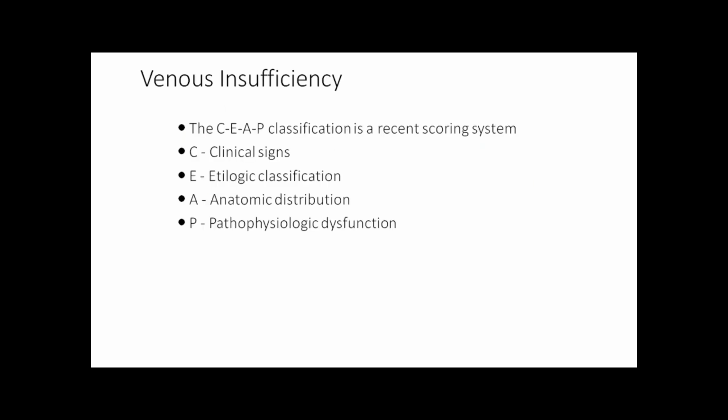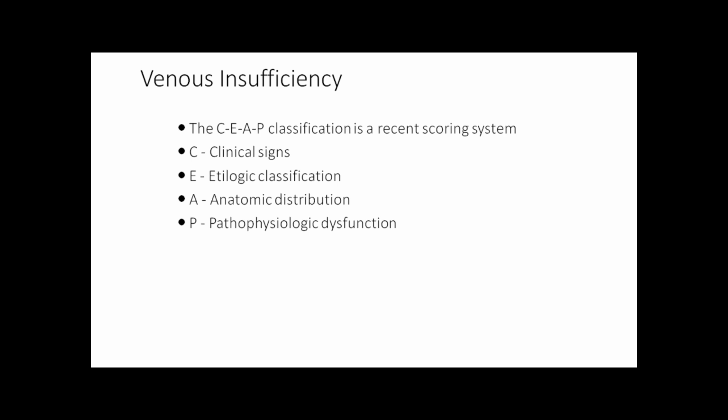During presentation also, you should completely write the diagnosis: whether the long saphenous vein is involved, whether the short saphenous vein is involved, what the perforator incompetence is, whether it is primary or secondary, whether it is complicated or uncomplicated, and along with that the CEAP classification should be written in your case sheets.